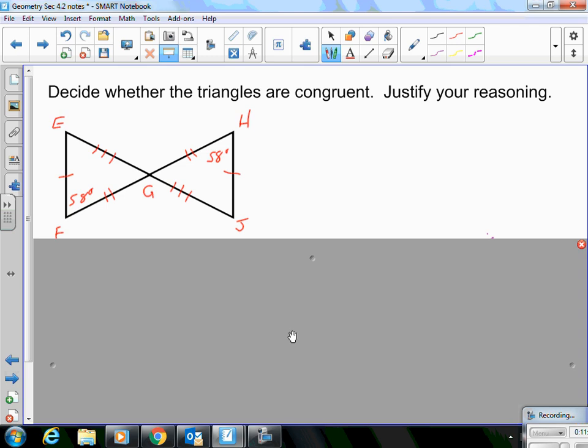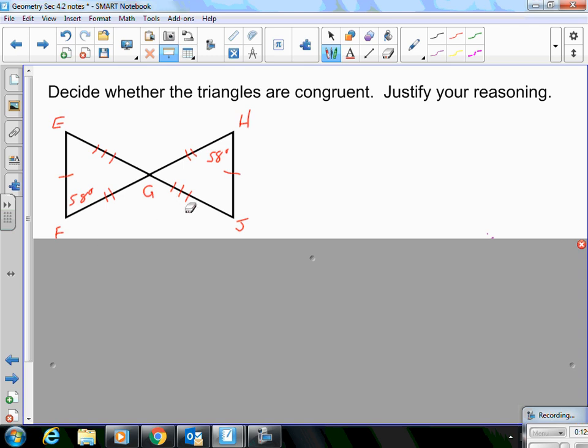So here we want to decide whether the triangles are congruent, and then we're going to justify our reasoning. All right. So when we look at the triangle, starting off, we got all three corresponding sides marked congruent, right?